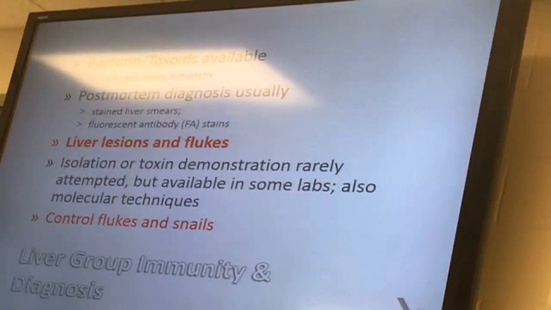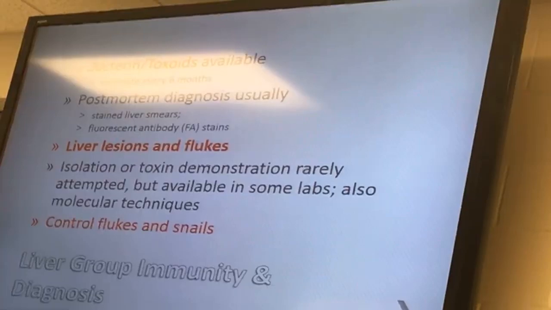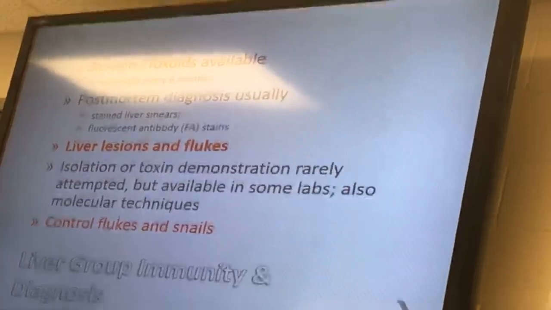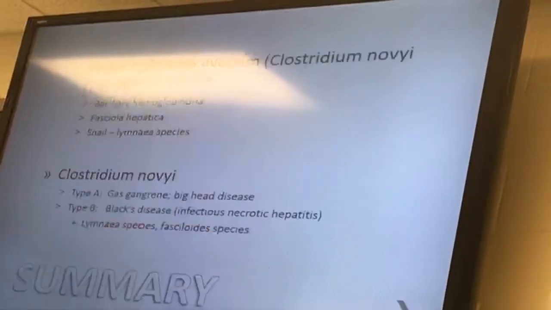I don't say this often, but you need to drive it home that they cannot eat that carcass or any part thereof, because the toxins are there. And some of these toxins are not heat labile. Okay? Especially when you're talking about, well, we'll get into that later. Okay, things you need to know.